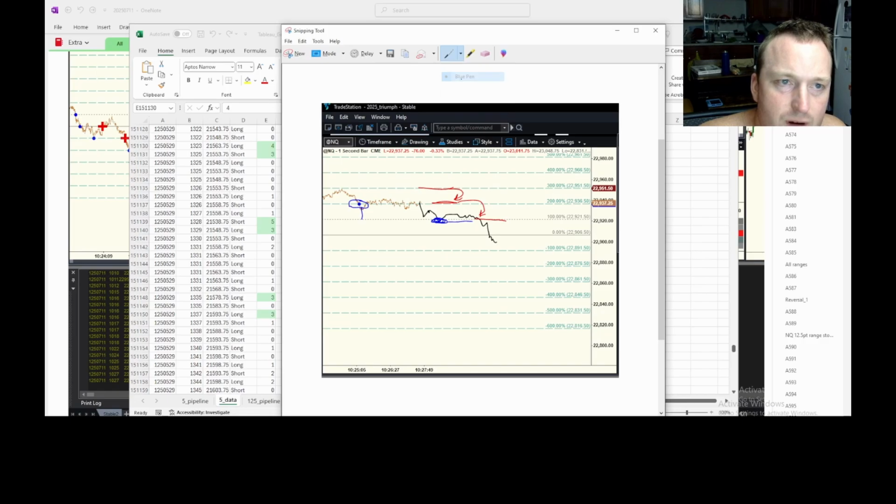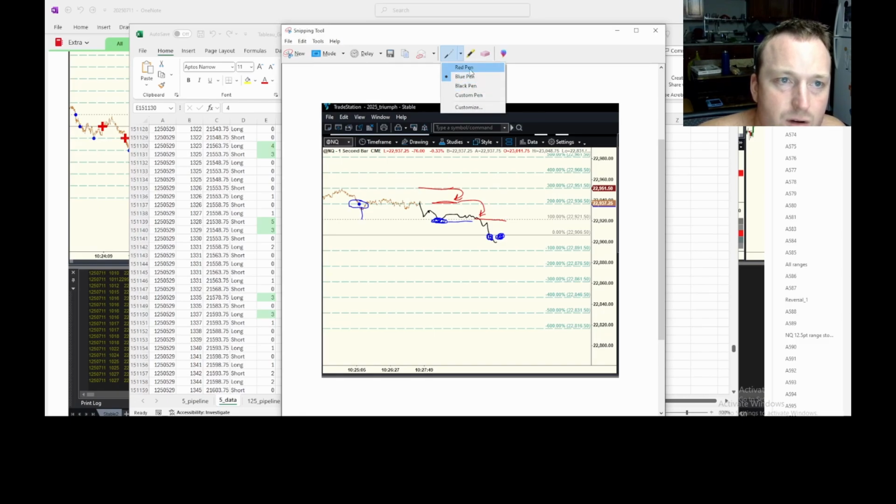So we add more. We add 1 and 2. That means we add 2 contracts. We are now controlling, instead of one contract, 1, 2, 3, and 4 contracts.